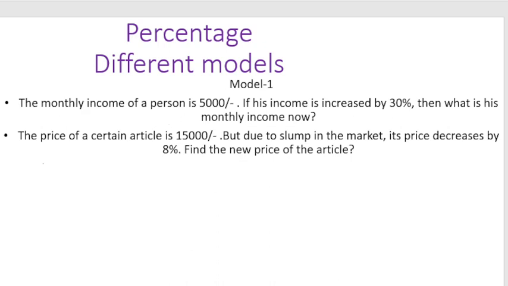First model: the monthly income of a person is 5000 rupees. If his income is increased by 30 percentage, then what is his monthly income now? Here the monthly income of the person is 5000. This is the original income, so that's why this is considered as 100 percentage.